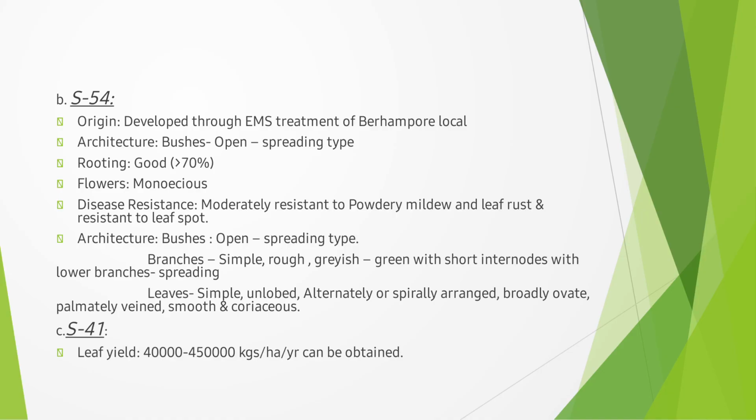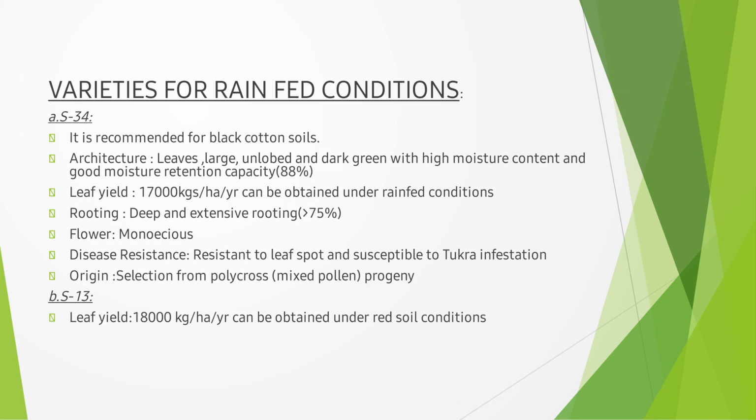Leaves simple and lobed, alternately or spirally arranged, broadly ovate, palmately veined, smooth and coriaceous. And the last one is S41. The leaf yield of around 40,000 to 45,000 kilograms per hectare per year can be obtained.